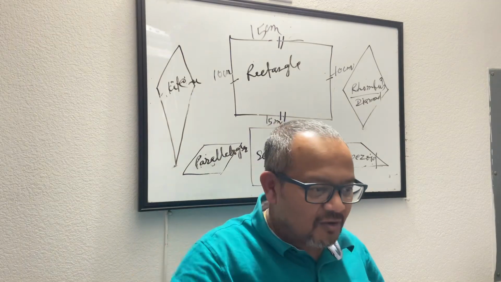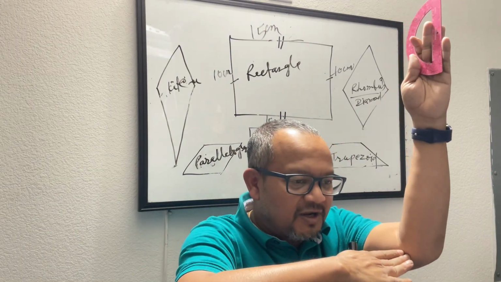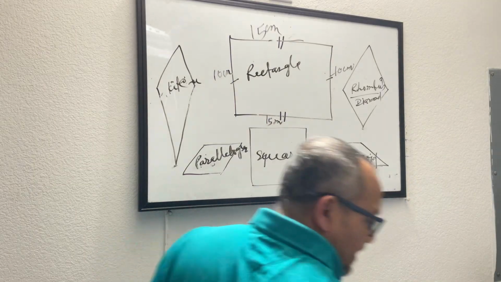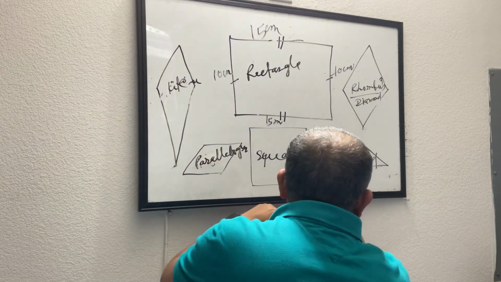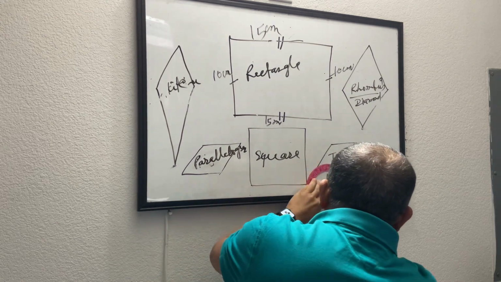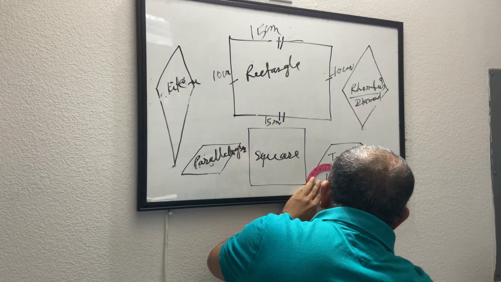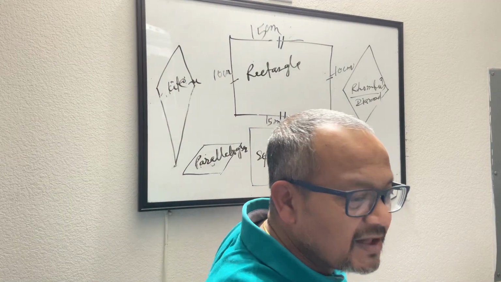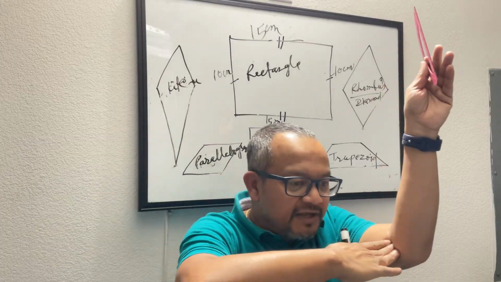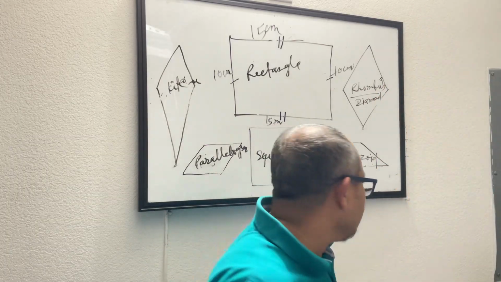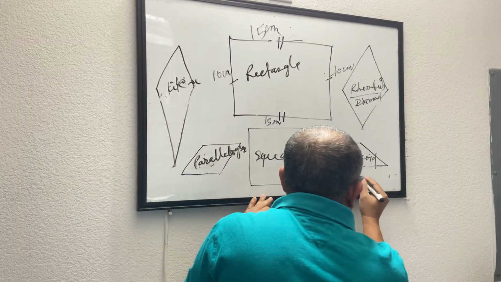Look at the floor and the wall in your house. They are meeting at 90 degrees. If I measure it with this, I will say this is meeting at 90 degrees. So when two walls or two lines meet each other at 90 degrees, making a 90 degree angle, that is called a right angle.